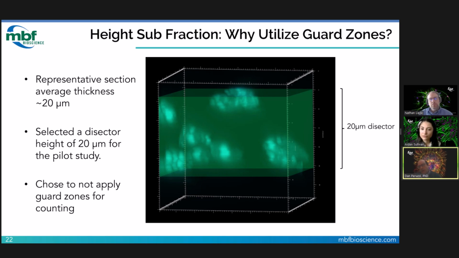So by counting with no guard zones, we can then examine those counts, and that will help us know how big to actually make the guard zones. So I would say let's do the pilot study with no guard zones. Okay, yeah, let's give that a try and see how my data turns out, and I'll go ahead and get started on counting then.